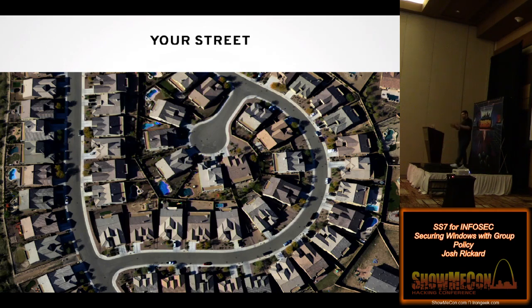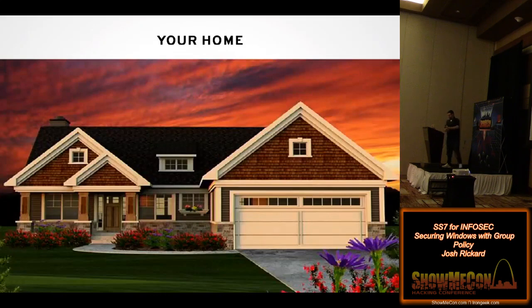So we can break down OUs or organizational units all the way down to the littlest possible object if you choose to. Everything underneath there will only affect and apply to those devices in that container or that structure. We can even go down to our house. I have rules in my house. Maybe I don't want kids to get on my Wi-Fi after 9 o'clock. I can block that.